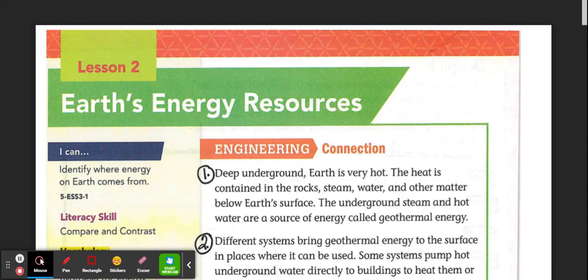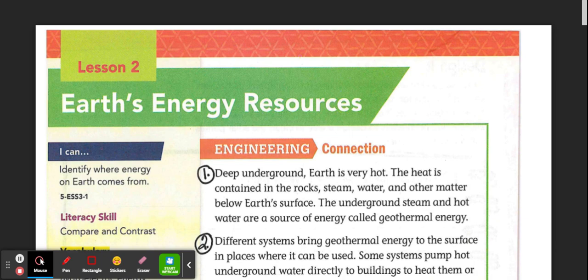I'm going to be talking to you about Earth's energy resources, where we get the energy that runs our lights in our school building or in your home, what runs our devices. Where does that all come from? Because as we talked about in life science, plants get that energy from the sun. We get the energy from the plants we eat and the animals we eat.